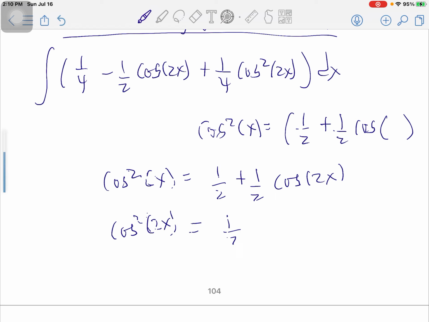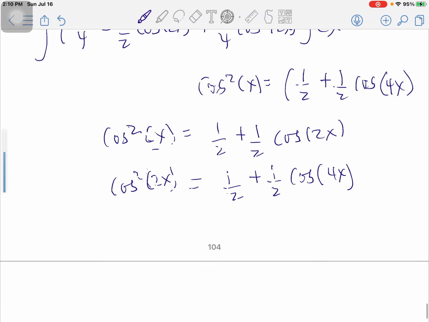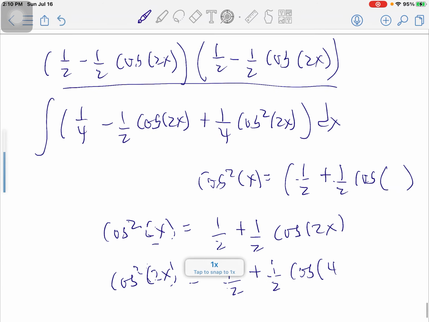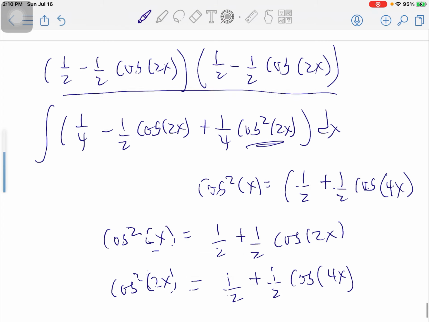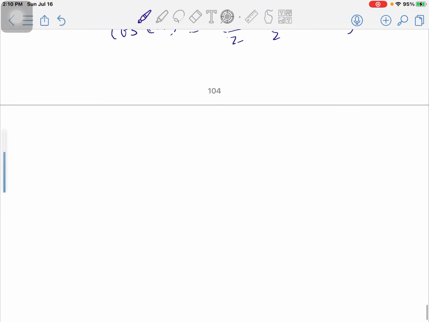Therefore, if we are having cos square 2x, it's supposed to be 1 over 2 plus 1 over 2 cos. Remember that for x it was 2x, then for 2x it's multiplied by 2, so we are going to get 4x. That's how come here became 4x. So if you are confused, don't be confused about that.